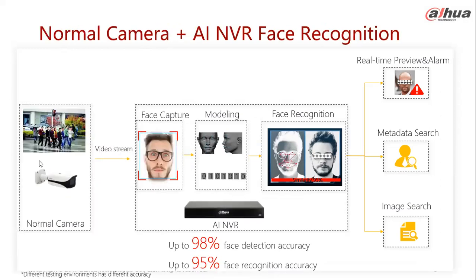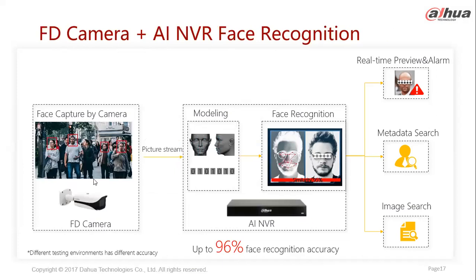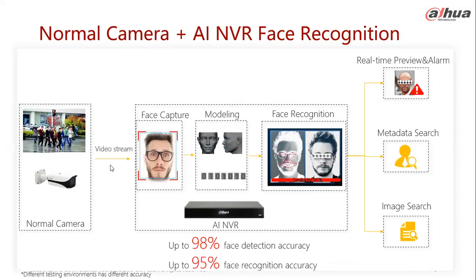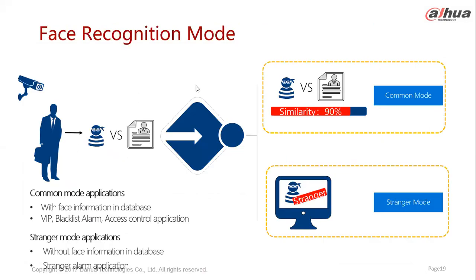But a normal camera is just a normal surveillance camera where you have just a video stream. The NVR will capture the face side. In the face detection case, the face detection is done by the camera. But for the normal camera, the NVR will select the face, then do modeling, and then do facial recognition. So this one is an even cheaper version.